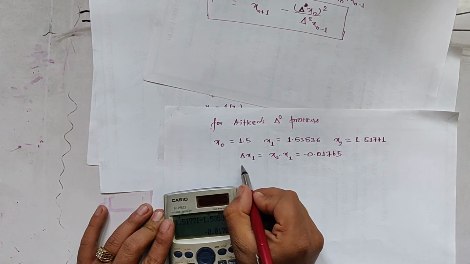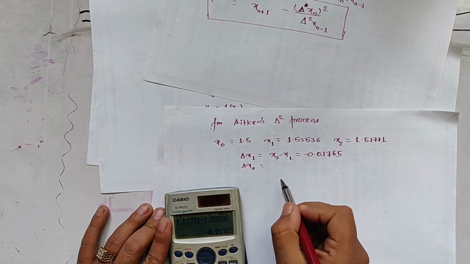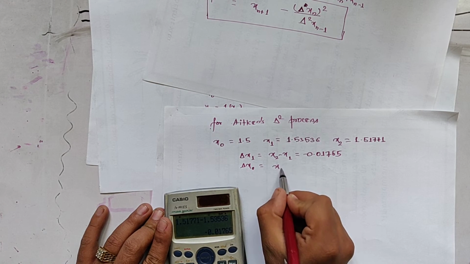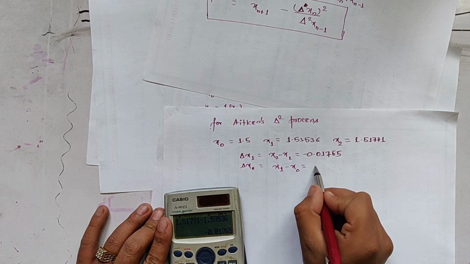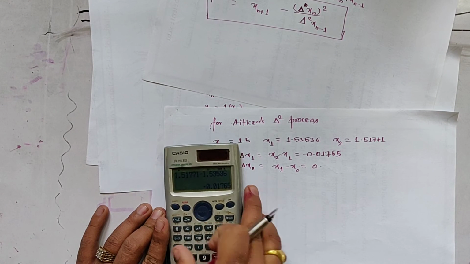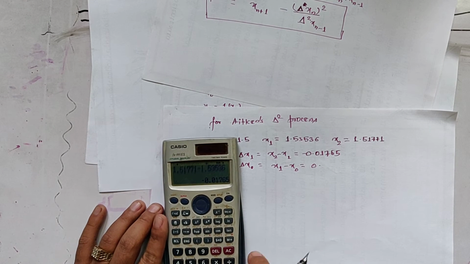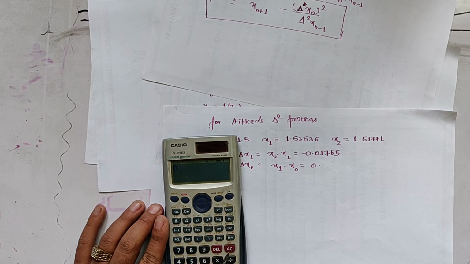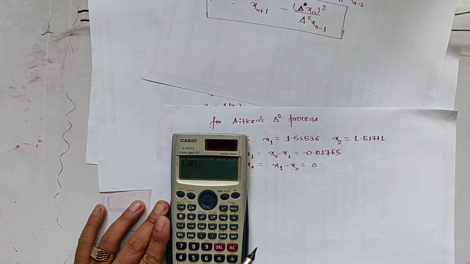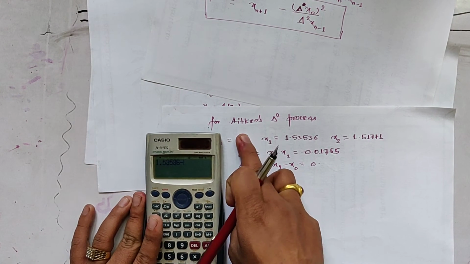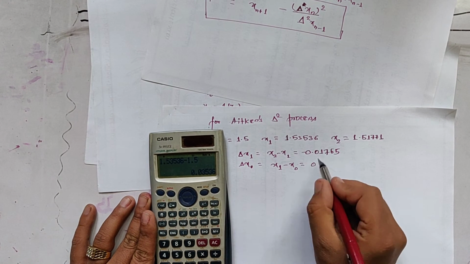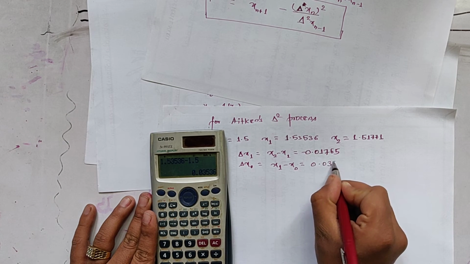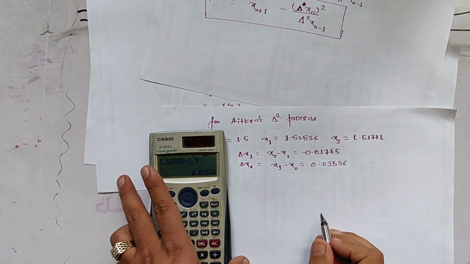And delta x0 is equal to x1 minus x0, which is 1.53536 minus the initial guess 1.5, so its value is 0.03536.